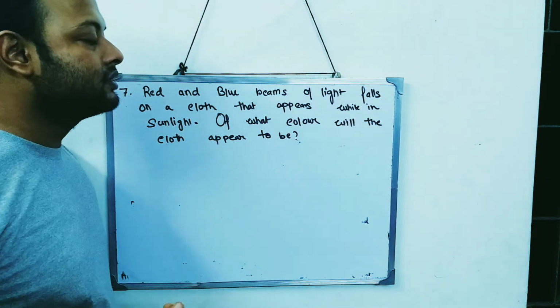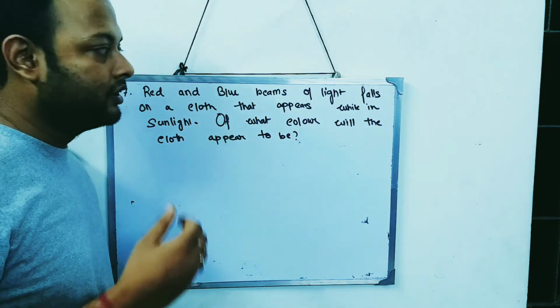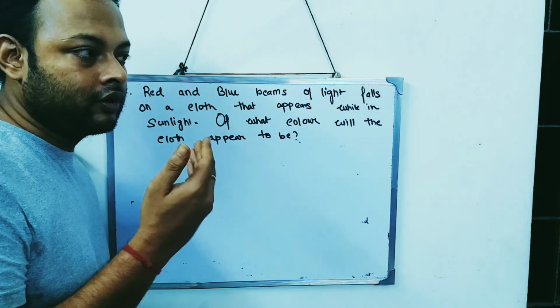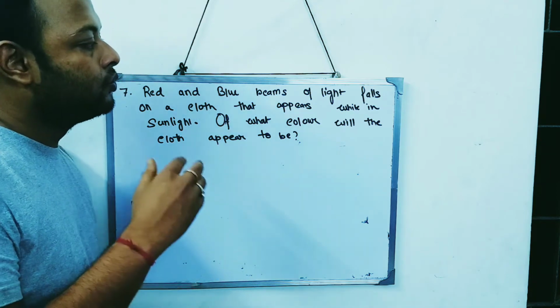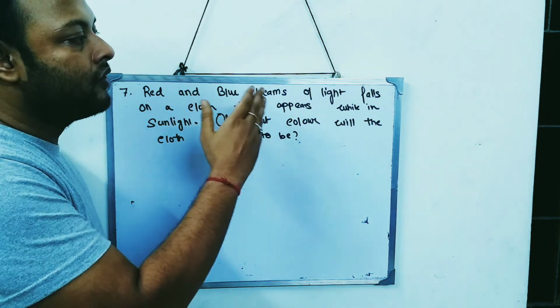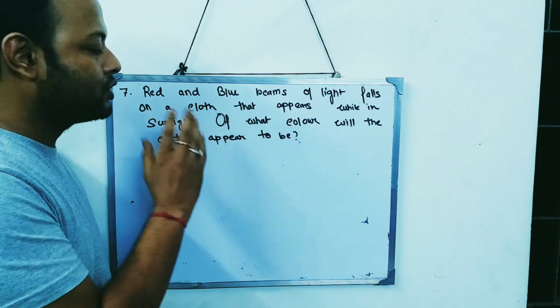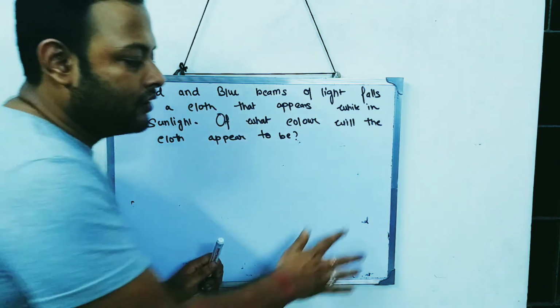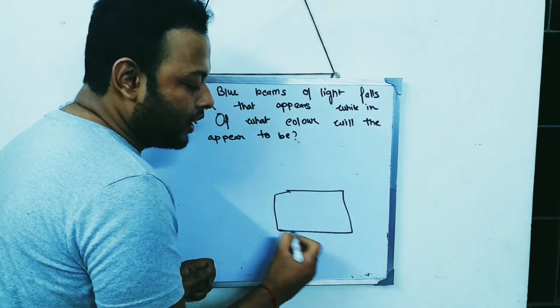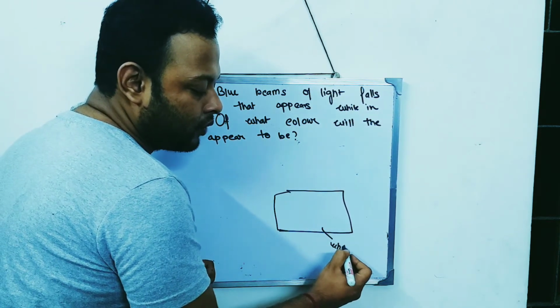Now let's discuss this question. This is question number 7 of your long question answer, where the question says, the red and blue beam of light falls on a cloth that appears white in sunlight. So if I take a cloth, this actually appears white in sunlight.